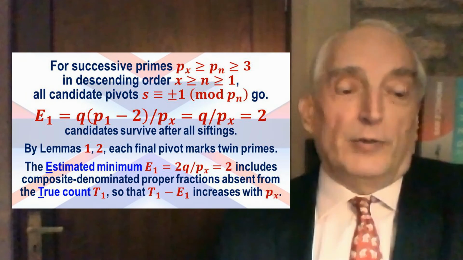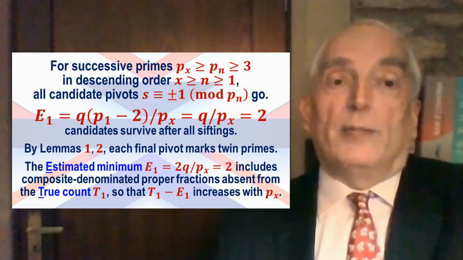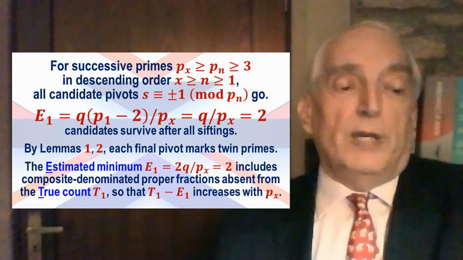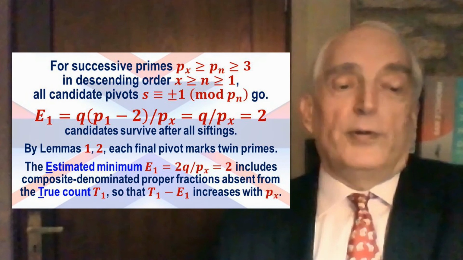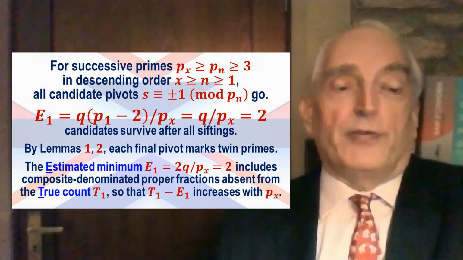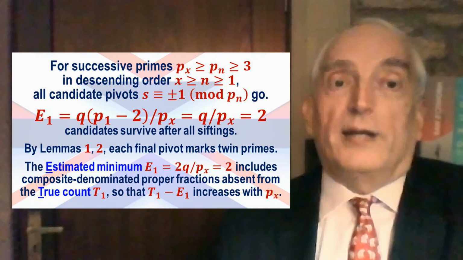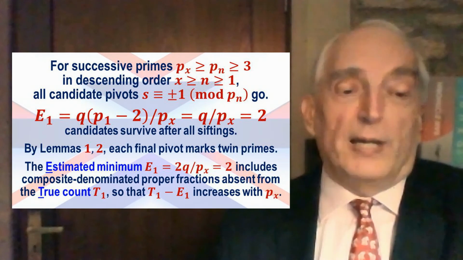And by lemmas 1 and 2, each final pivot marks twin primes. So the estimated minimum E1 equals 2 includes, as before, composite denominated proper fractions absent from the true count T1, so that T1 minus E1 will again tend to increase with Px.